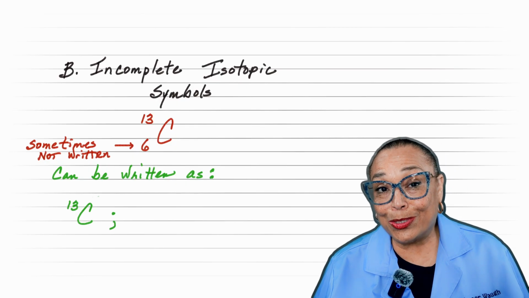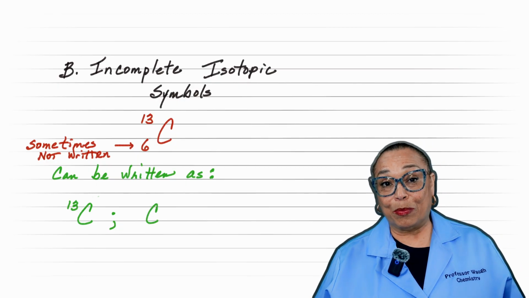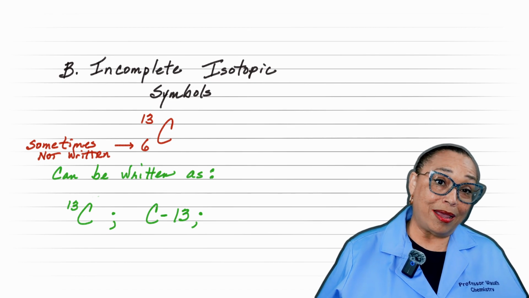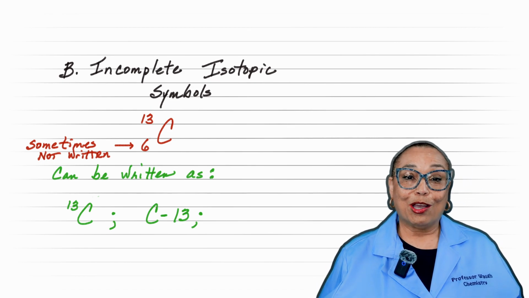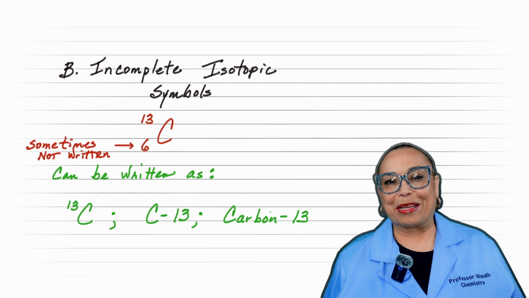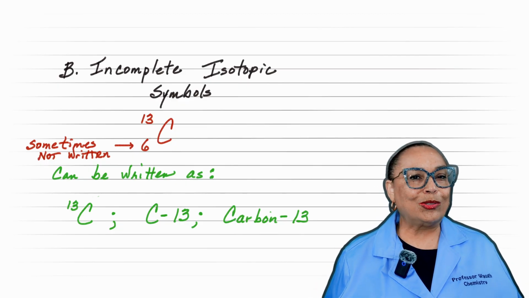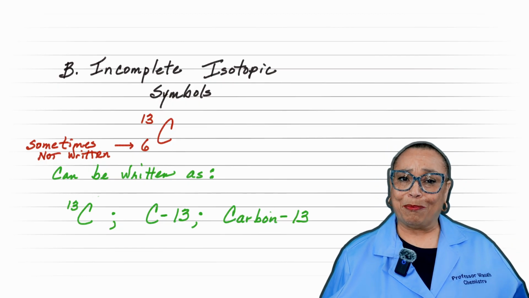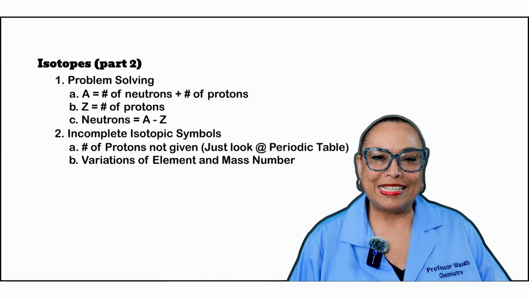Other times we'll do the letter C for the symbol, then a dash 13. And then other times we'll just write out the word carbon-13. So you're going to see it all different ways in the literature, but I know you know what it means now. Okay? Thank you for attending class.